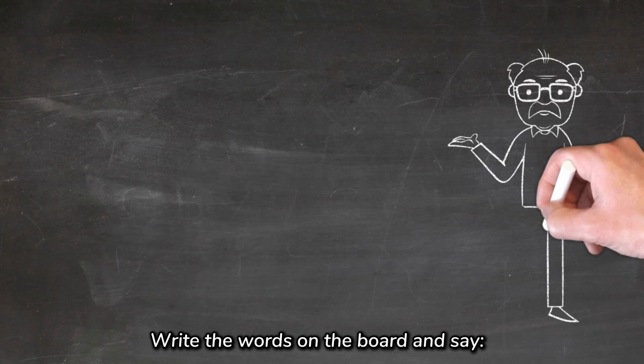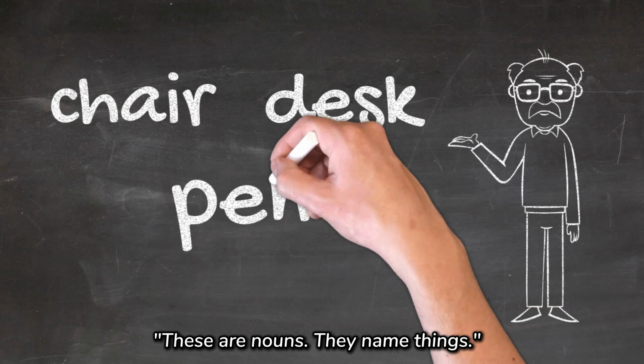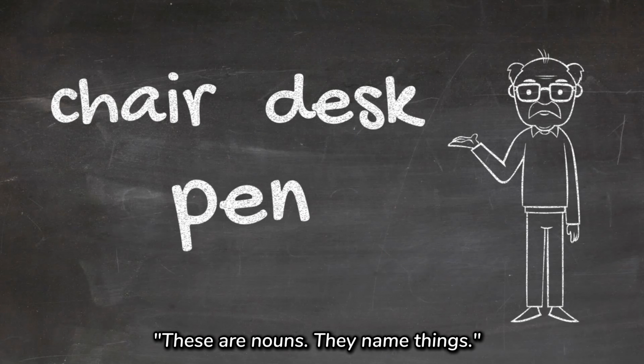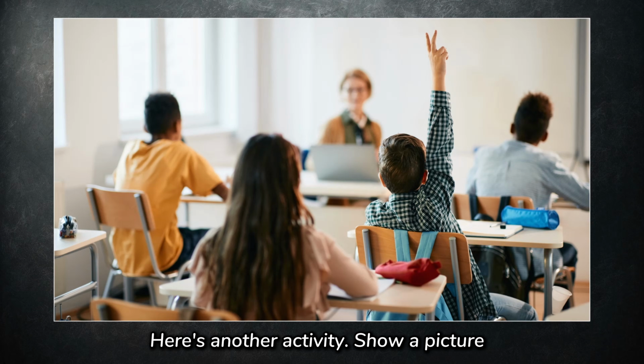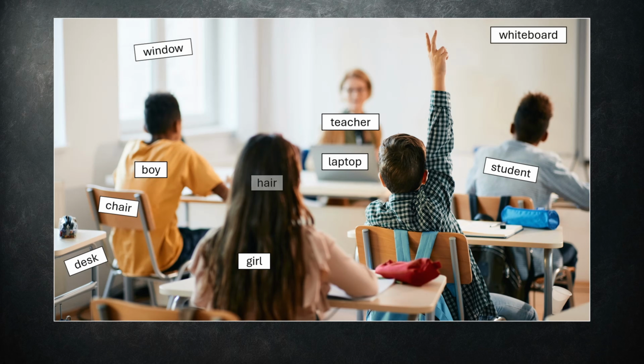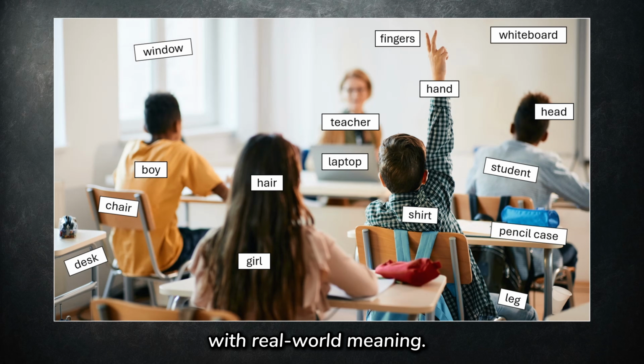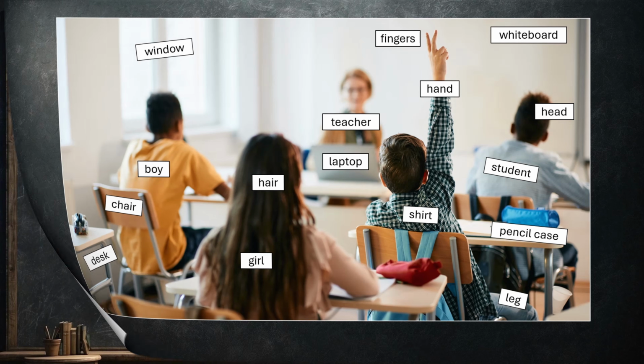Write the words on the board and say, these are nouns. They name things. Here's another activity. Show a picture and ask students to list all the nouns they can see. This helps students connect nouns with real-world meaning.